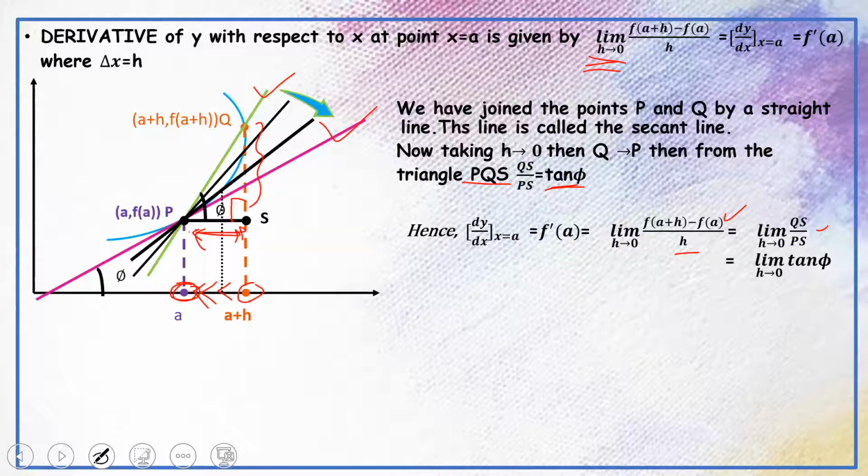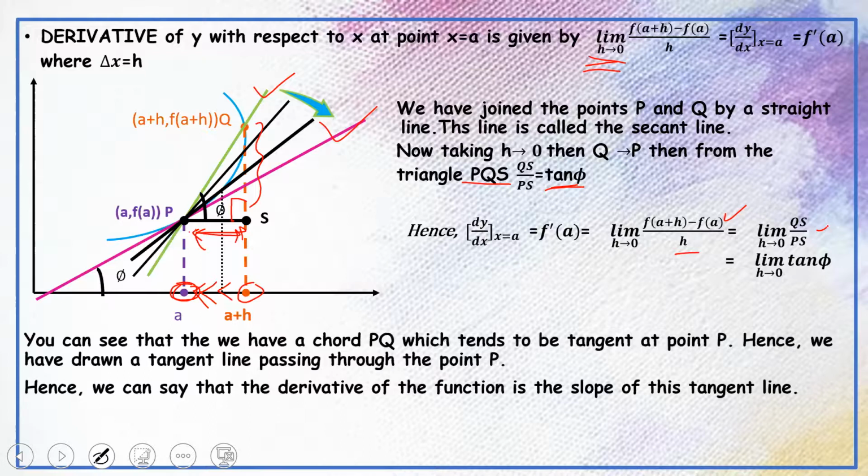Now what is the geometrical meaning of derivative? It's nothing but the slope of the tangent at a point (x, y). For a function y equals f(x), the derivative of the function is represented by the slope of the tangent at the point (x, y).